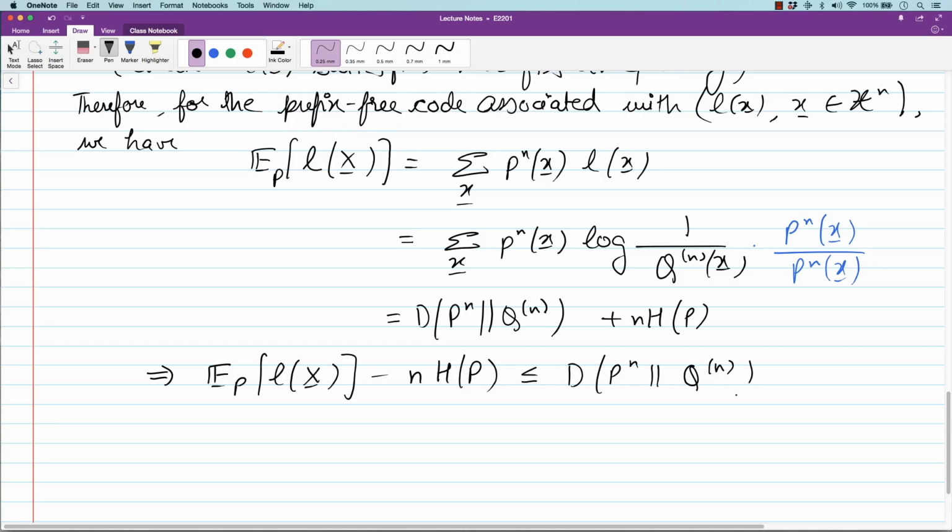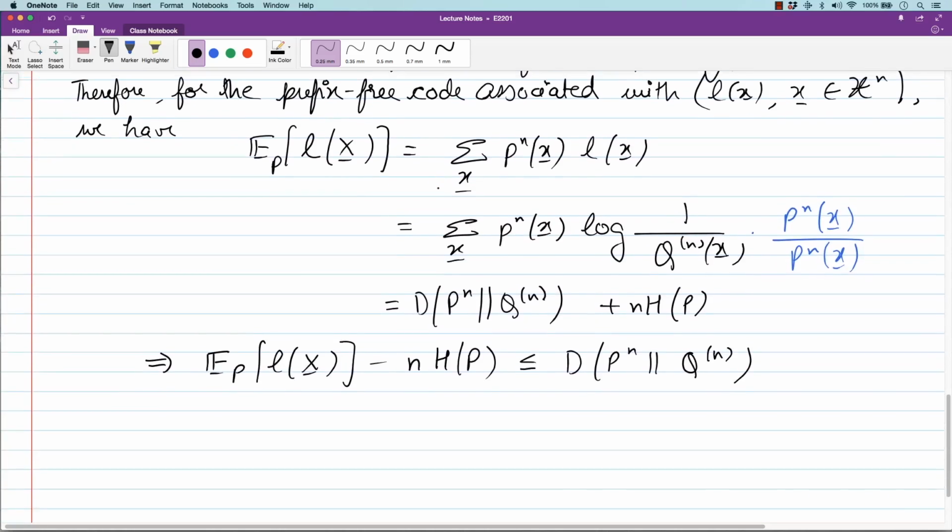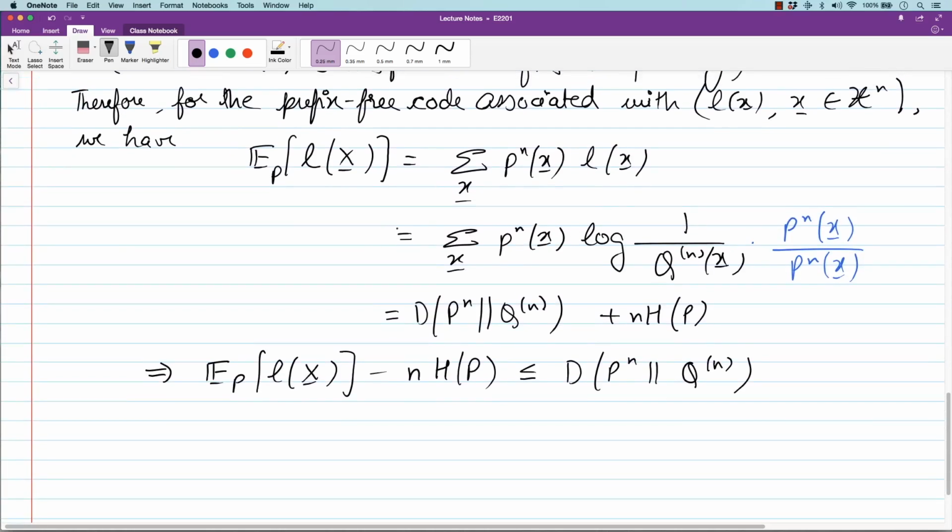Okay, there is a small problem here. These lengths need not be integers, so we will just take a ceiling here. That's where the extra one will come in. So instead of equality, you will get that this is less than or equal to this plus 1.